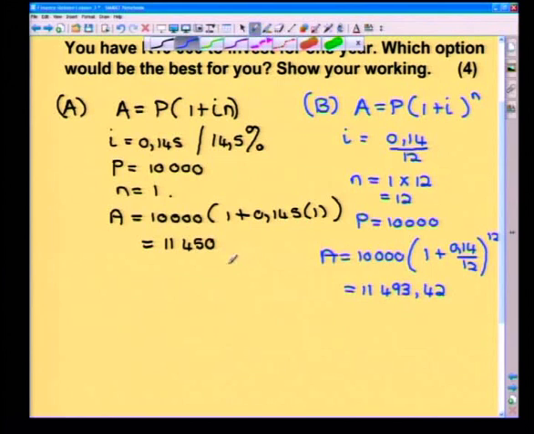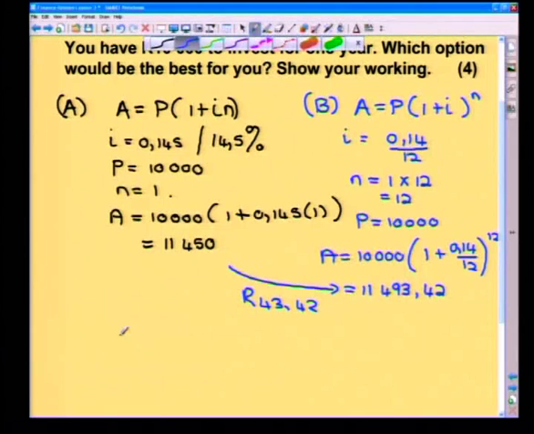In 1 year you have gained 43 Rand 42 cents extra in interest. Now one can imagine if one left this for 5 or 6 years, how much better this option would be over this. So now all you would do to finish your question, because it said show your working, which option will be best for you, you've shown your working, and then you would conclude.